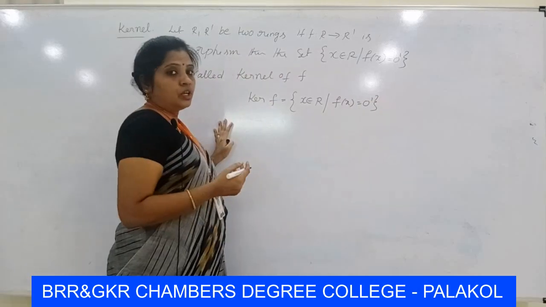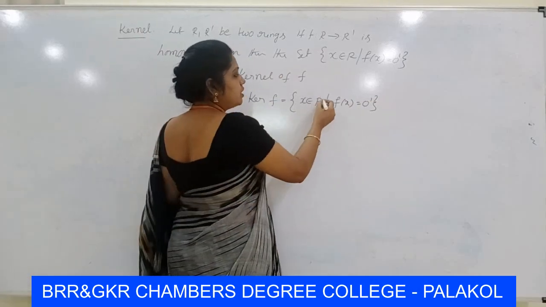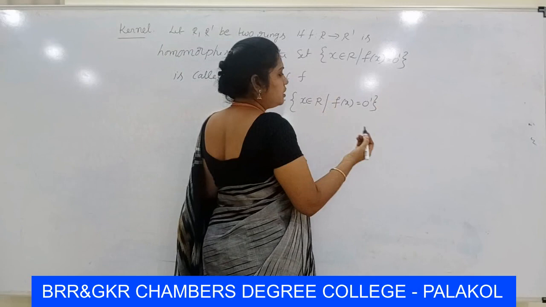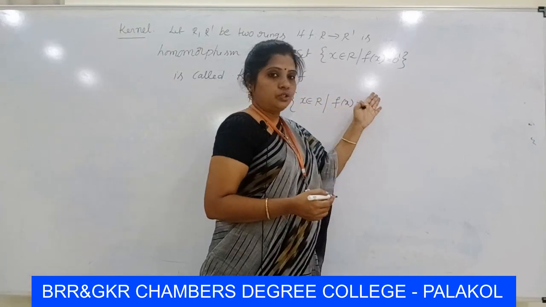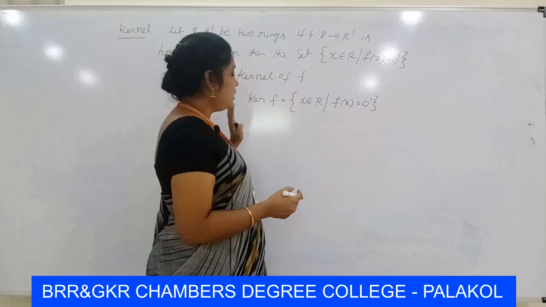That means those elements of R which have the image only 0 dash are in the kernel F.